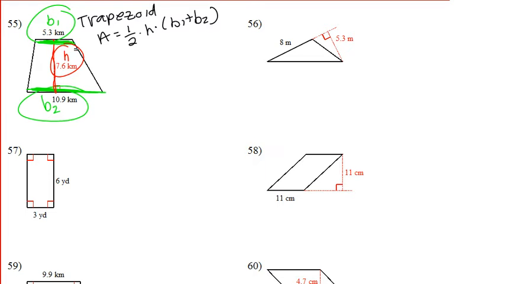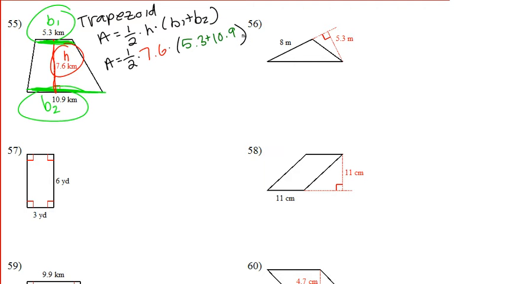So now I have my height, which is 7.6, my base 1, which is 5.3, and my base 2, which is 10.9. I can begin to find the area by plugging them into the formula. A equals 1/2 times my height, which is 7.6, times, in parentheses, I have my base 1 of 5.3 plus my base 2, 10.9.